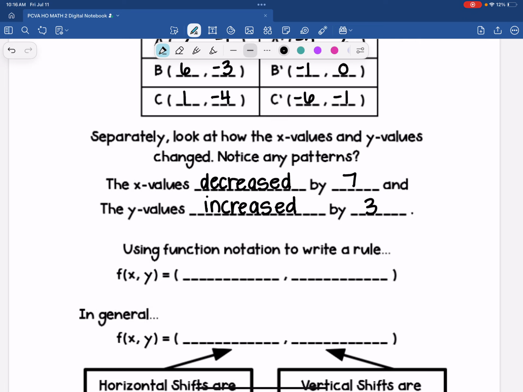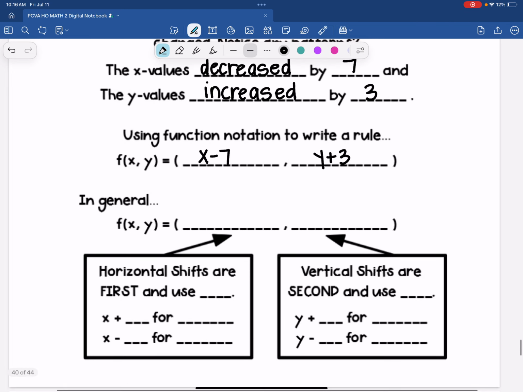Again, our function rule will be X minus 7, and then Y plus 3. Okay, so just be mindful that those rules are just simply telling me what direction I'm going, left or right, and by how many units. All right.